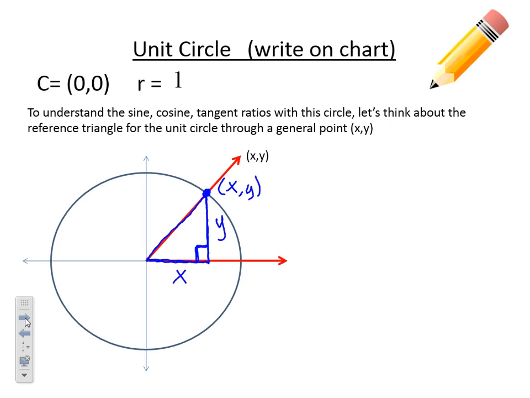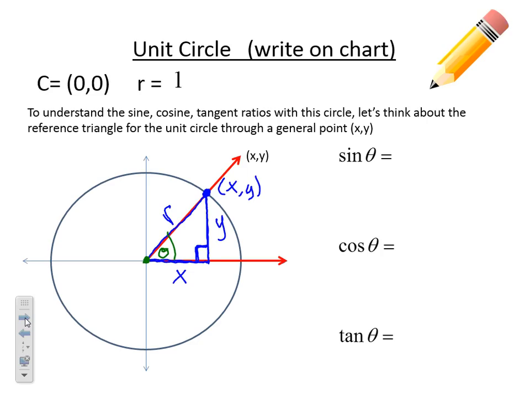Now, in order to find my hypotenuse, I don't have any numbers, but I do know that this is my radius. Now, in order to fill out my 3 trig functions, all I need to do is put in my reference angle. My reference angle always is at 0, 0. So here's my angle theta.